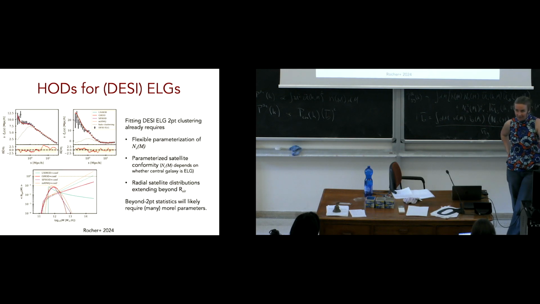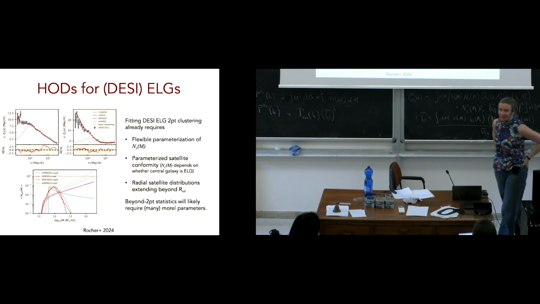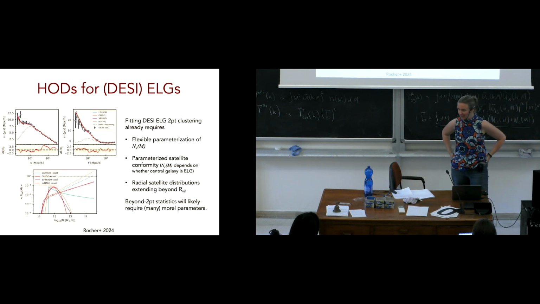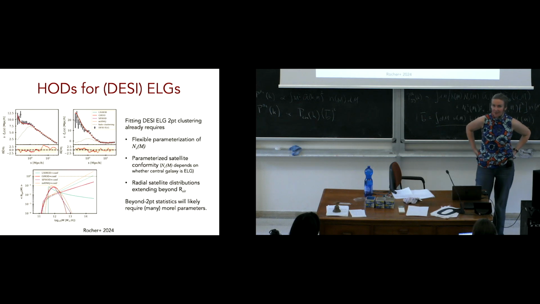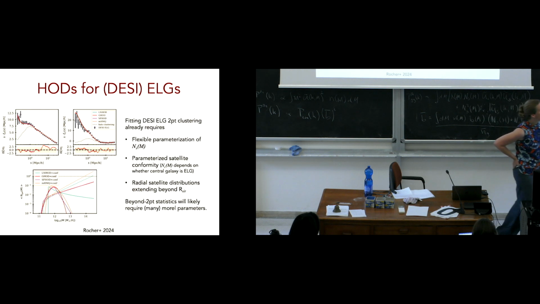If the central galaxy is an LRG, then the satellites are also more likely to be LRGs, and an ELG central will more likely have ELG satellites. And in order to put in these kinds of correlations that are really related to accretion history and star formation history of the larger region, that's where it becomes useful to separately track centrals and satellites.